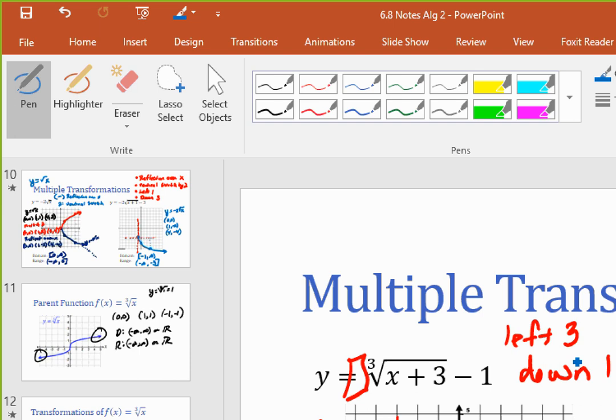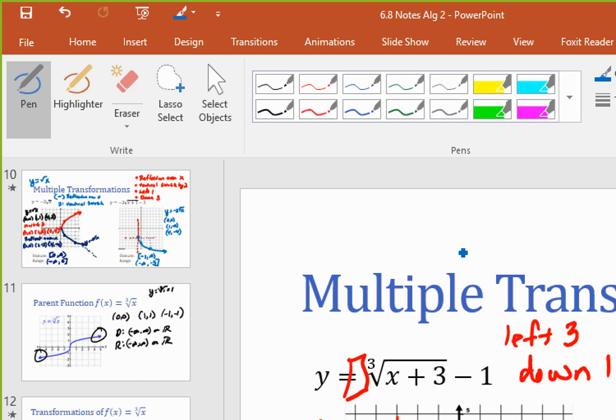I'm going to graph those points from my new origin. And so if I go left 1, up 1, I'm going to be right here. I have 0, 0 of my new origin, and I'm going to go over 1, down 1 right there.